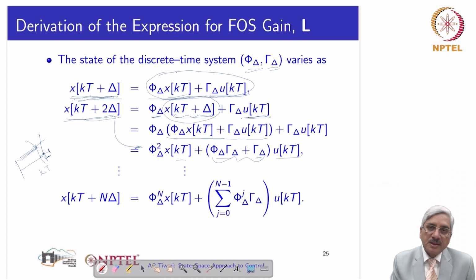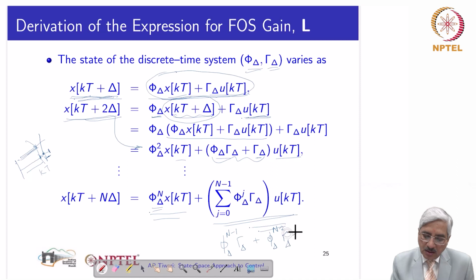Similarly, we can obtain x(kT+3δ) and so on, and at the end x(kT+nδ), which will be given by this: φ_δ^n x(kT), the value of x at the end of the interval kT, pre-multiplied by φ_δ^n, plus φ_δ^(n-1) Γ_δ plus φ_δ^(n-2) Γ_δ and so on, plus φ_δ Γ_δ plus Γ_δ, this whole thing multiplying u(kT).